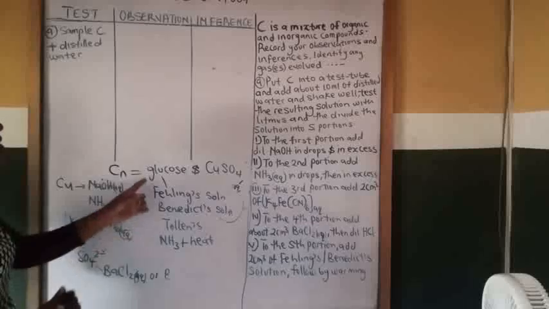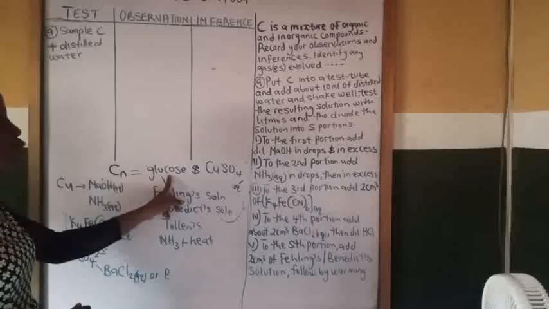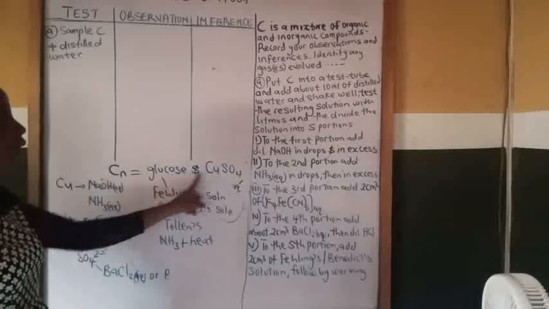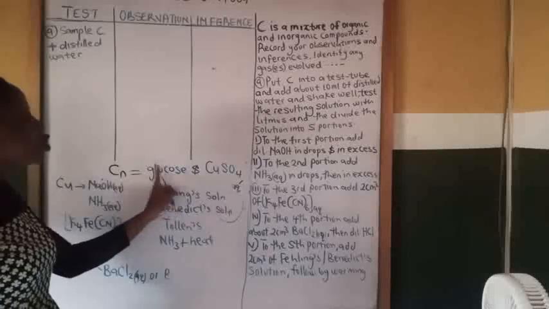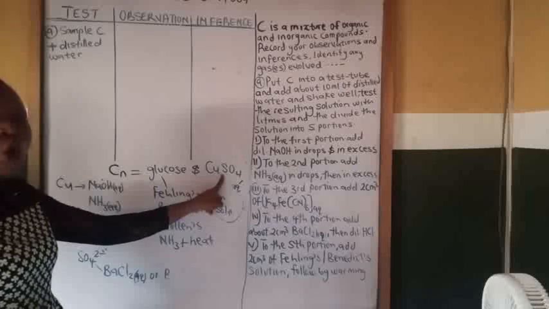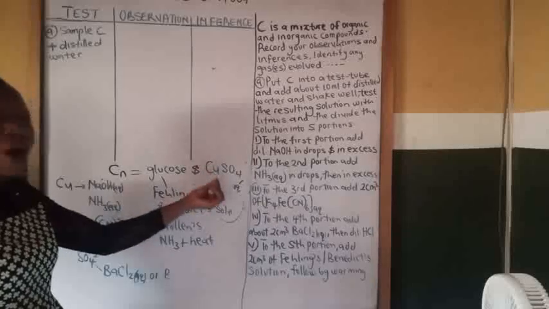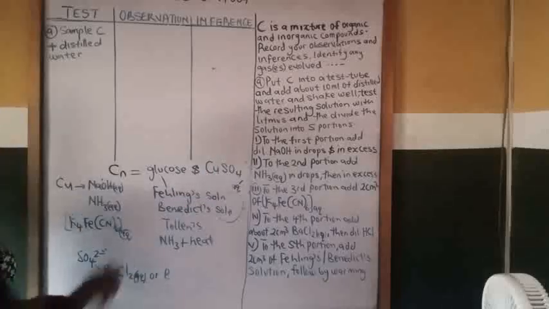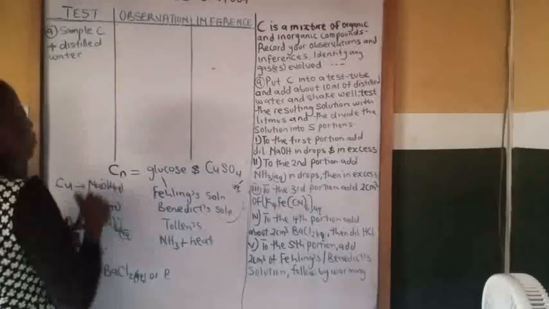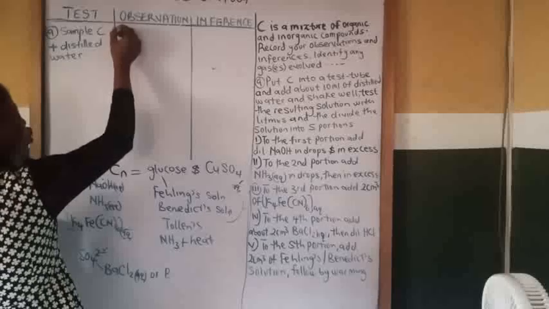Don't forget that glucose will dissolve in water, which is colorless, and copper sulfate will give light blue, but glucose will not alter the color of copper. The two of them will dissolve in water. So automatically, what will be our observation? A light blue solution.